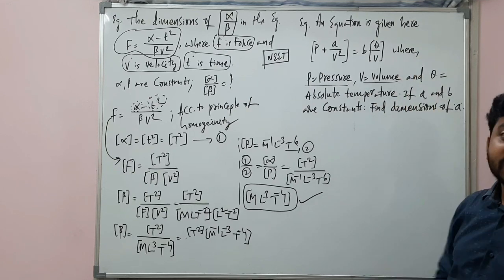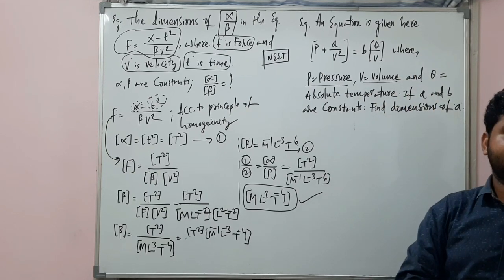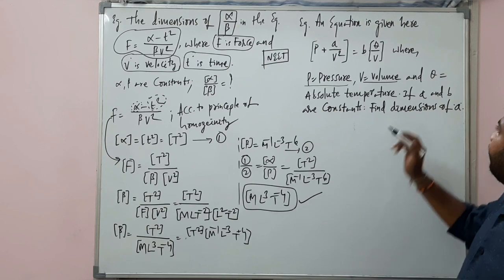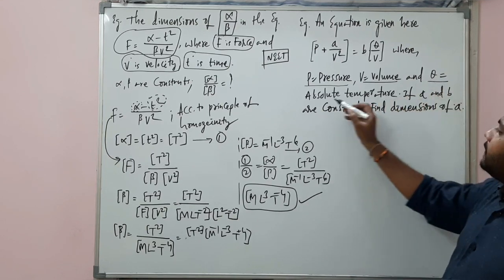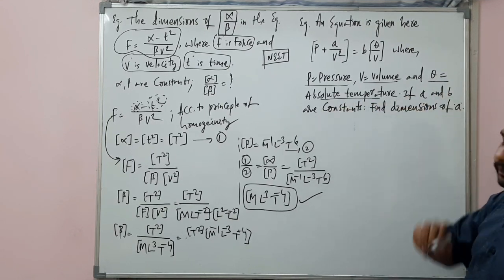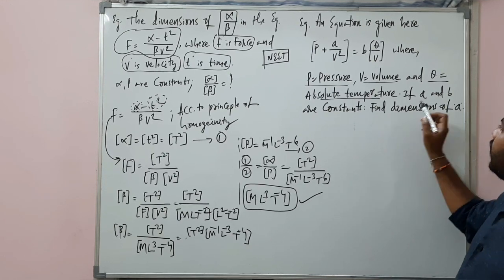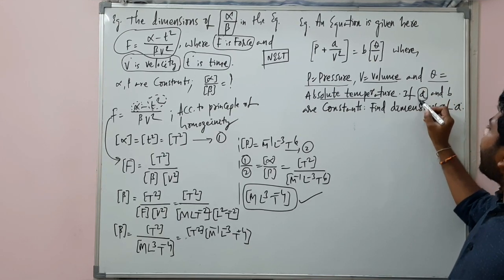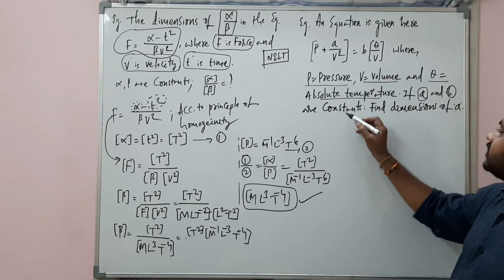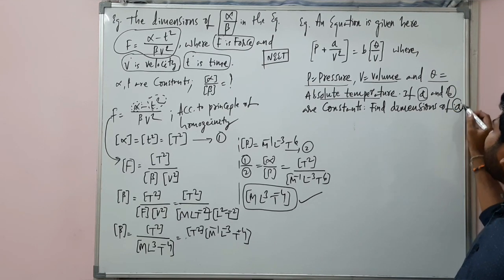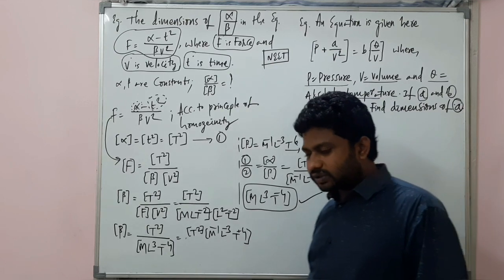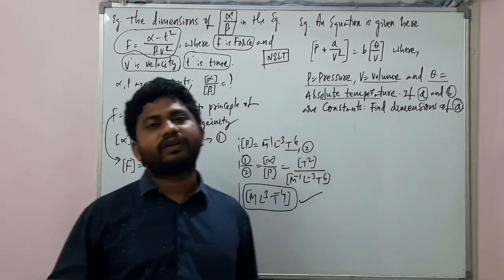This V is not velocity. And theta is absolute temperature. If A and B are constants, find the dimensions of A.